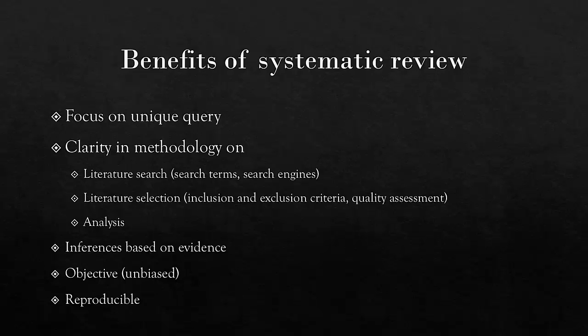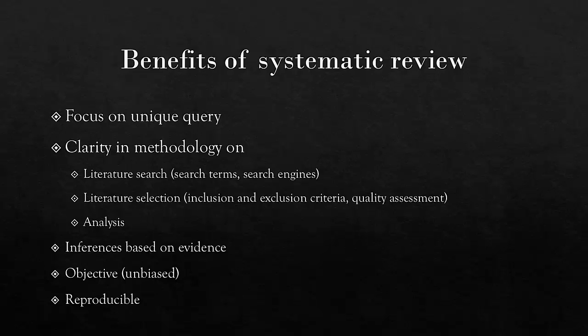The benefits of a systematic review, and this is actually the contrary of a narrative review. What the narrative review has as drawbacks, the systematic review has as benefits. So it focuses on a unique research question. There is clarity in the methodology regarding all the steps: the search, the inclusion and exclusion criteria, the quality assessment, the analysis of the data.